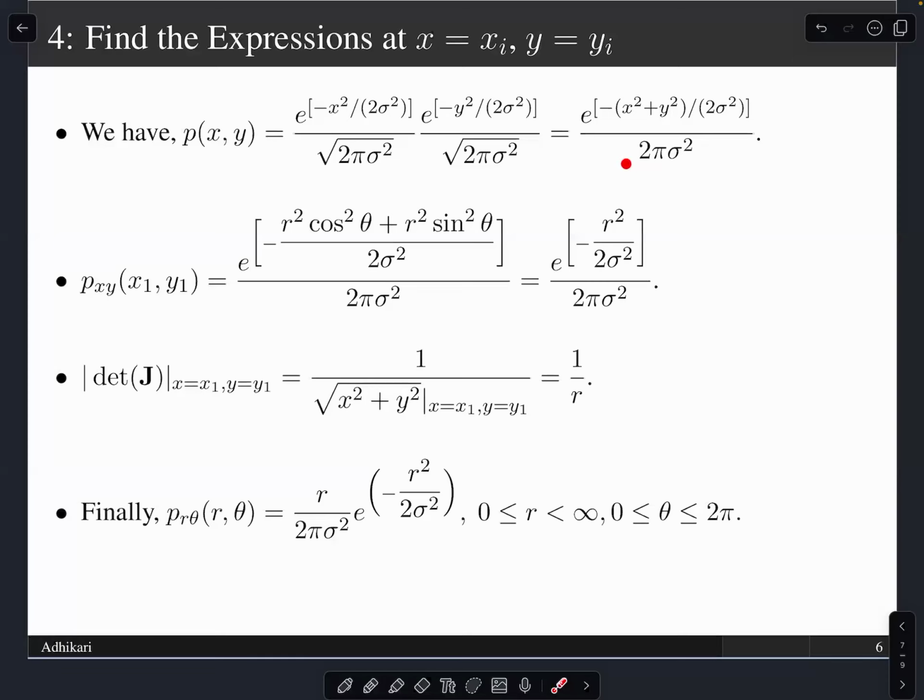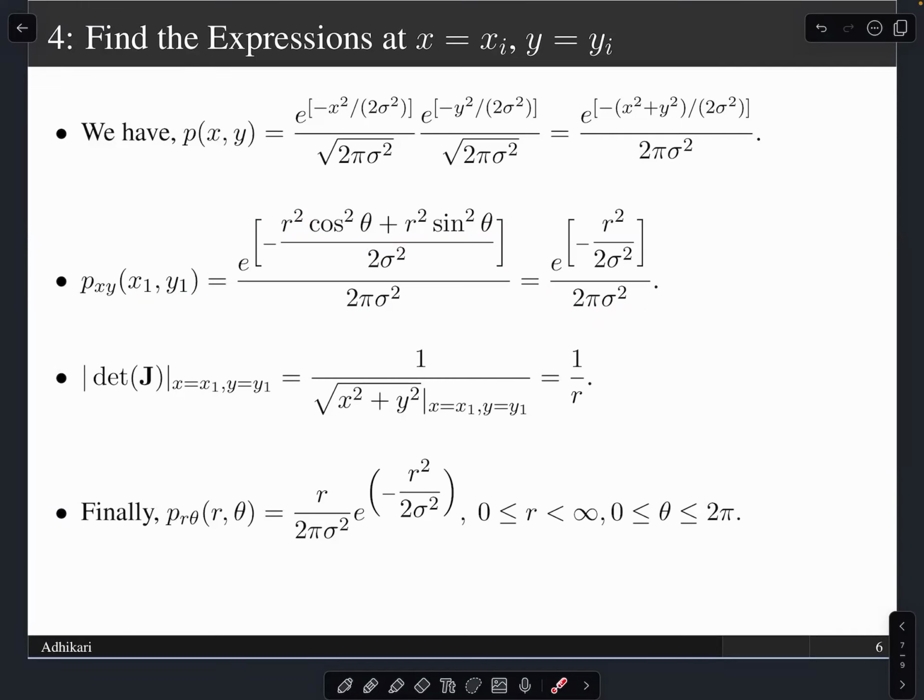In this expression, we're plugging in x equals r cosine theta, y equals r sine theta. That means we're evaluating p_xy at x equals x1, y equals y1, which will be this. And simplifying using the identity cosine square plus sine square is 1, we get this.